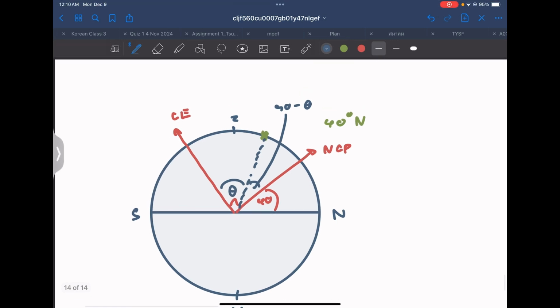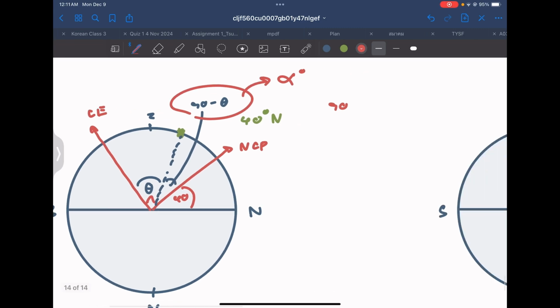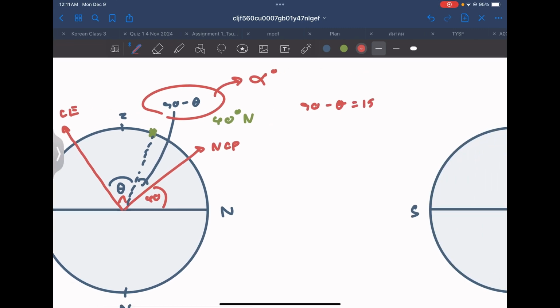And after this, you just find what this angle is by the method that teacher King has taught you in class. For example, if 90 minus theta is 15, then you can know theta, and this is the declination.